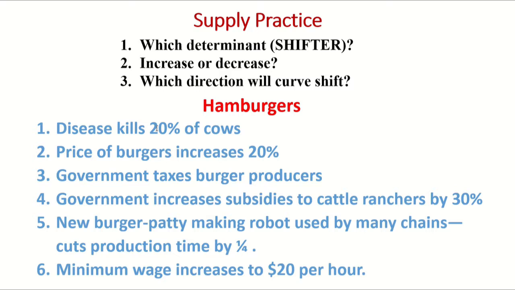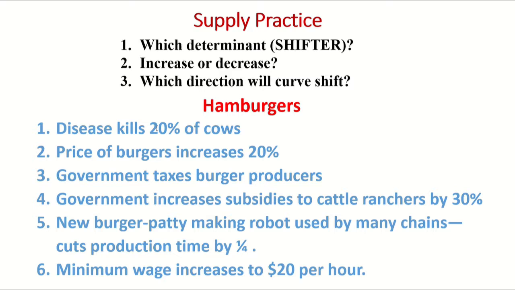Number 5, new burger patty making robot used by many chains cuts production time by a quarter. Okay, this is technology. It's allowing us to produce burgers faster so we can supply more in the same amount of time.